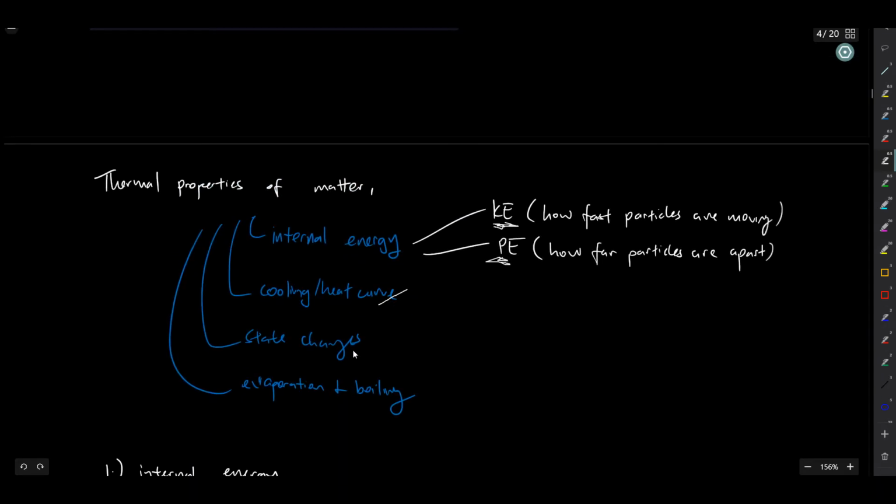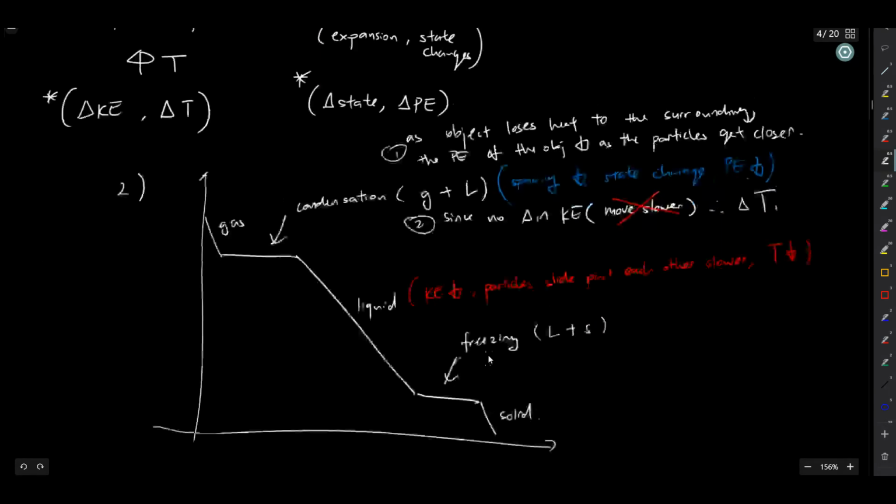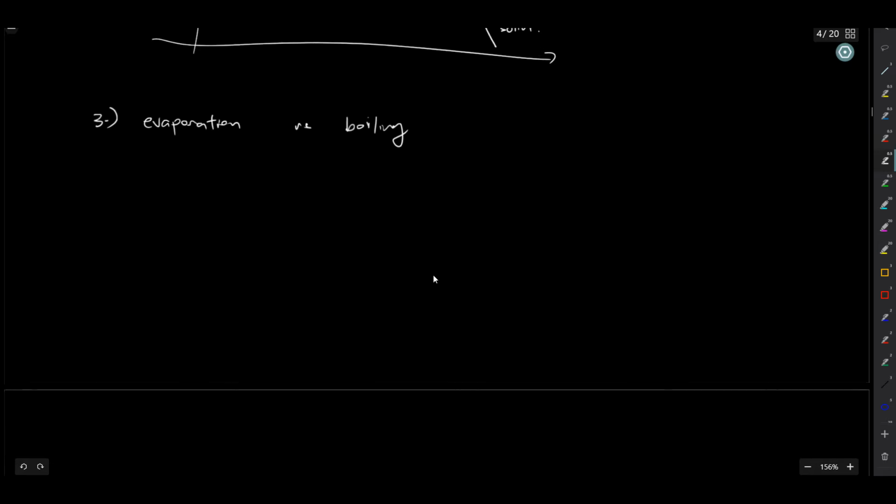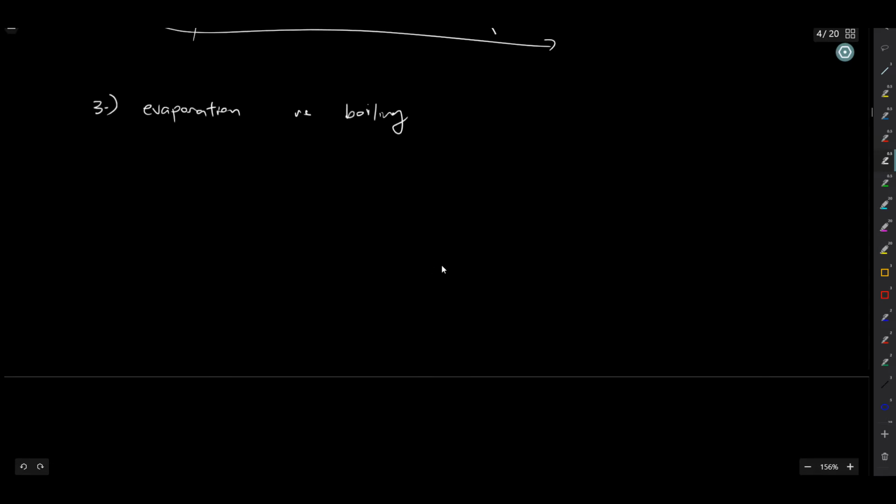So we finished cooling curve, state change. The last one is evaporation and boiling. Now evaporation versus boiling. Boiling is a process at a fixed point, whereas evaporation is not. A liquid can undergo evaporation at any temperature.